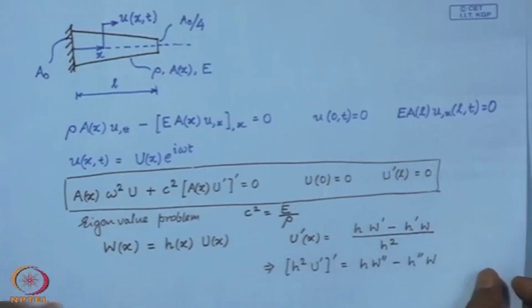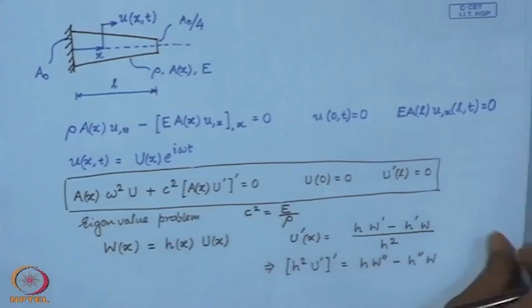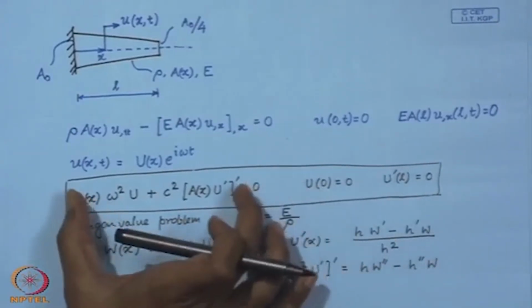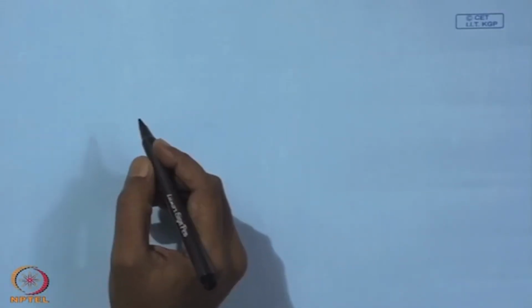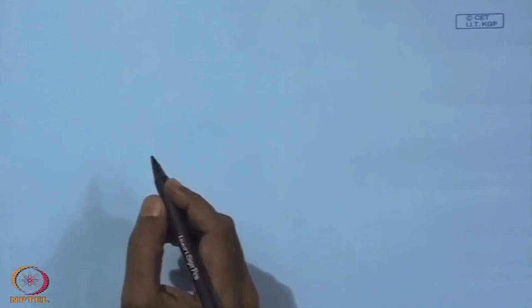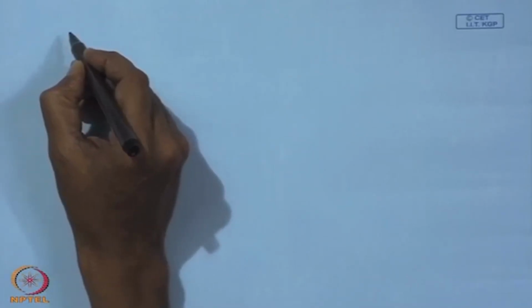And if you make this substitution in the differential equation of the eigenvalue problem, then you can very easily see that this will turn out to be.